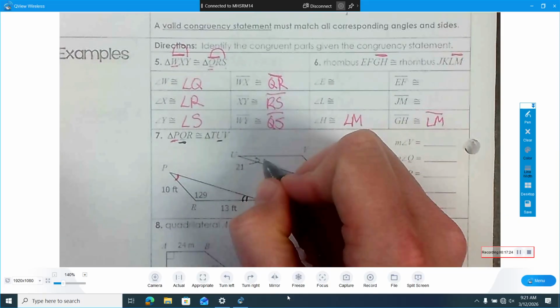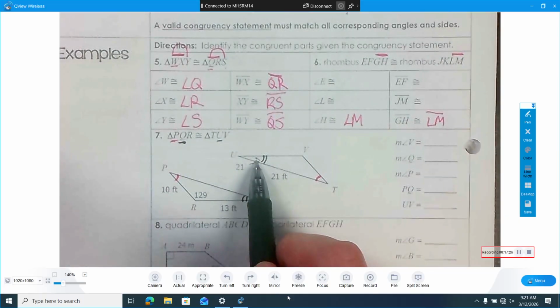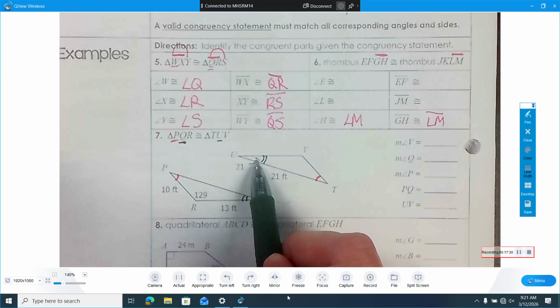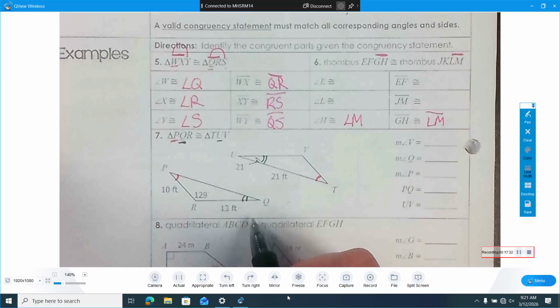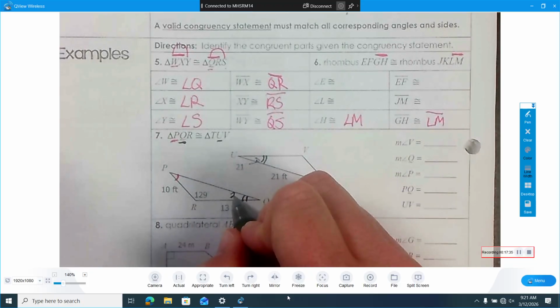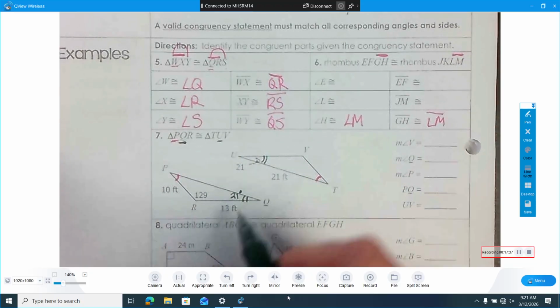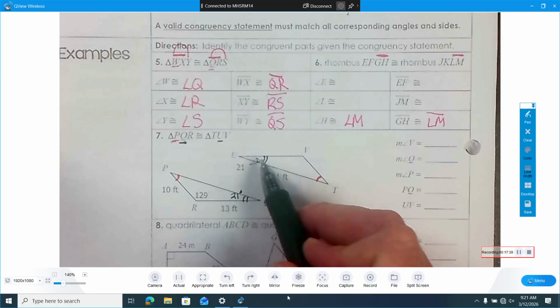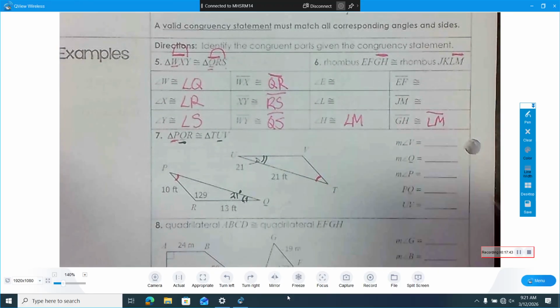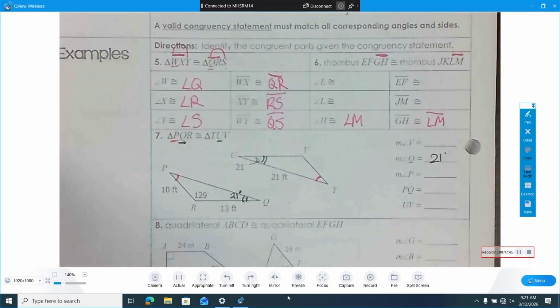Angle U, yes. Hey, if angle U is 21 degrees, what do I know? Angle Q is also 21 degrees. Mark your picture. If U is 21, Q should be 21 because they are congruent. All right, let's see.